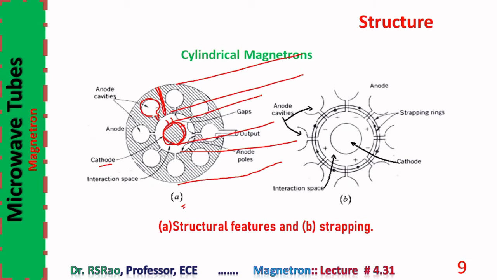All these cavities are identical in shape and size. Also notice these cavities are in connection with the interaction space, all cavities. Therefore, the interaction region is in connection with all the cavities. Hence, one can say all these cavities are in connection with each other.